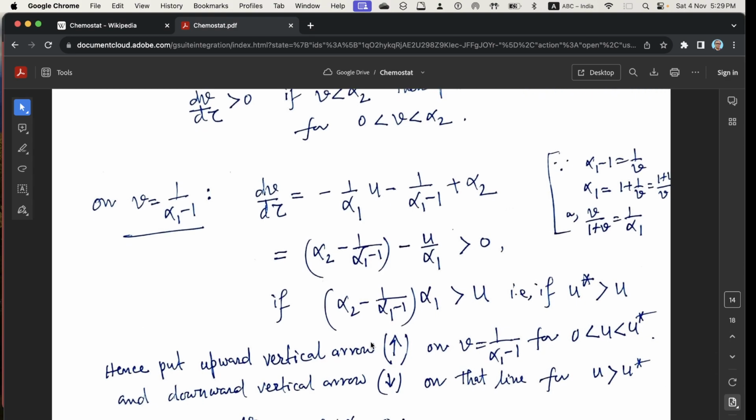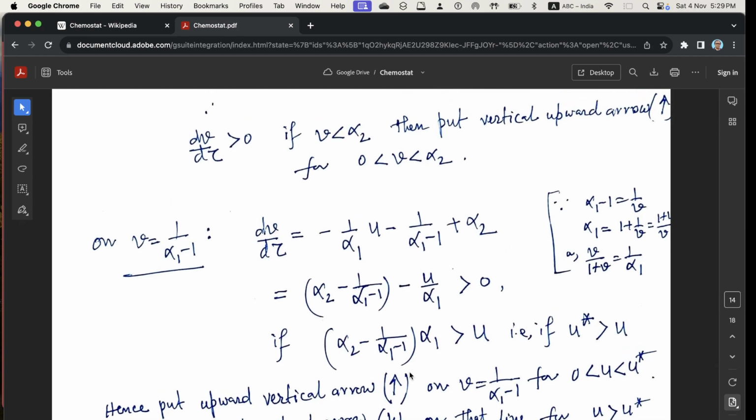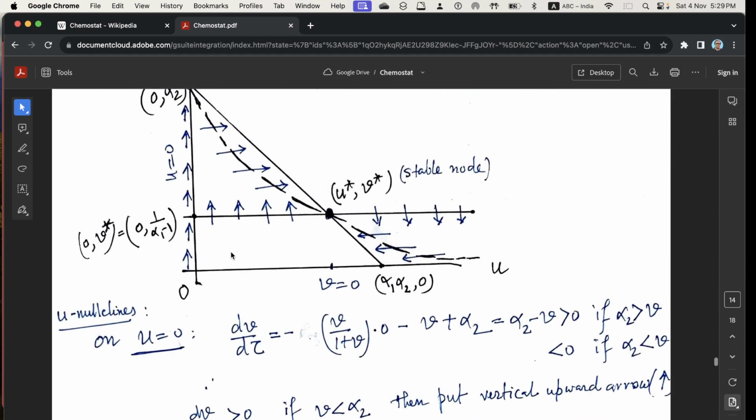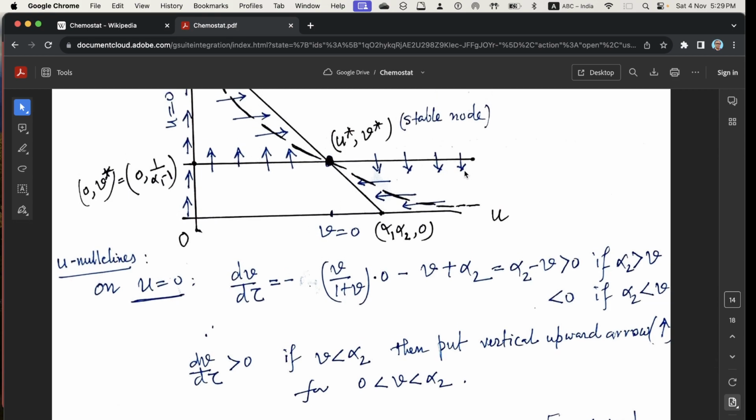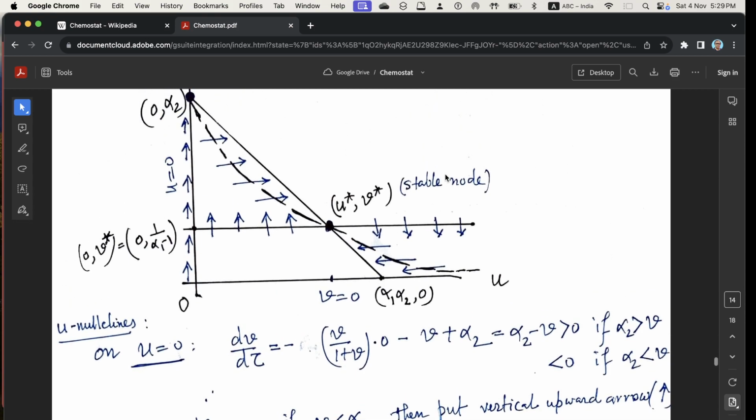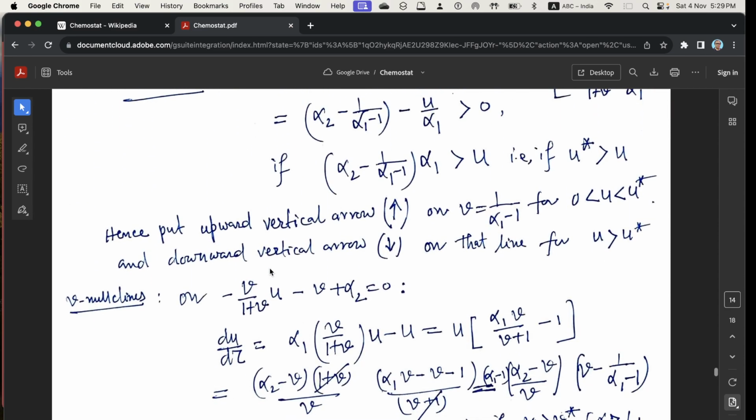So when 0 is less than u star, we put a vertical upward arrow. So on this straight line, we put an upward vertical arrow for this part, and for this part, a downward arrow.